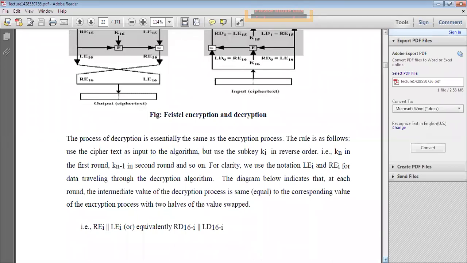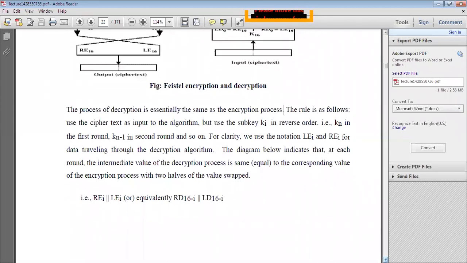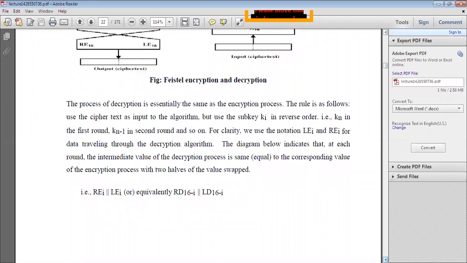The process of decryption is decrypting the ciphertext to plain text. So you can use any one of these encryption decryption algorithms to convert the plain text to ciphertext as well as ciphertext to plain text.